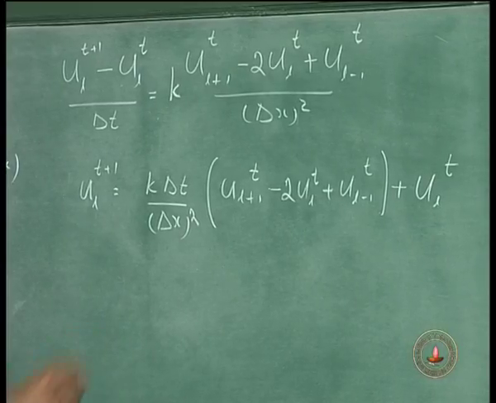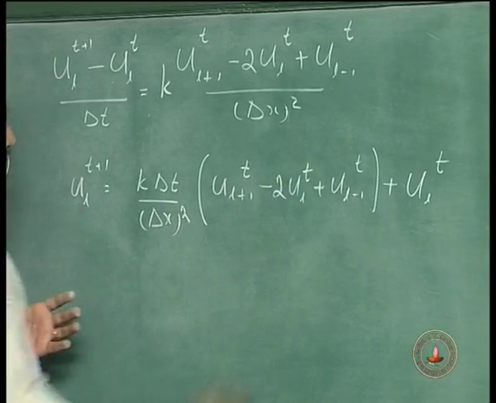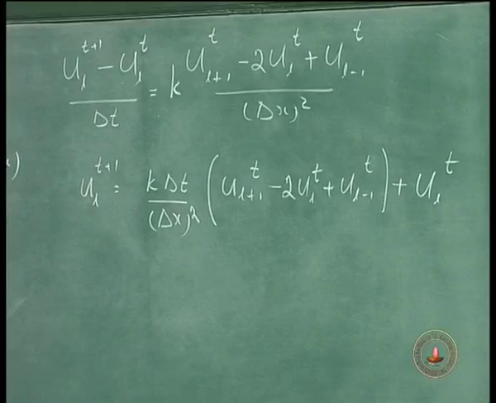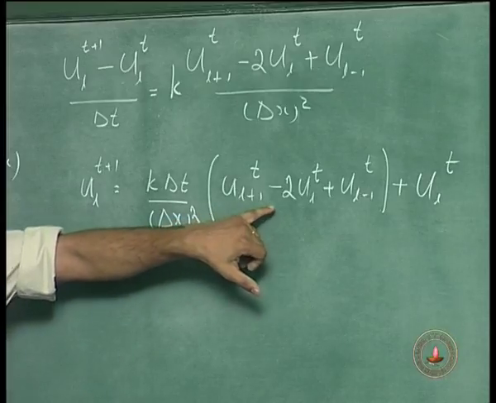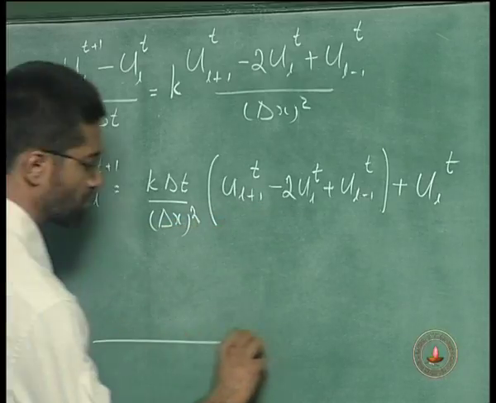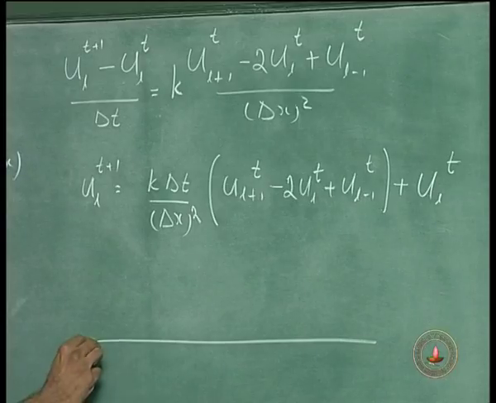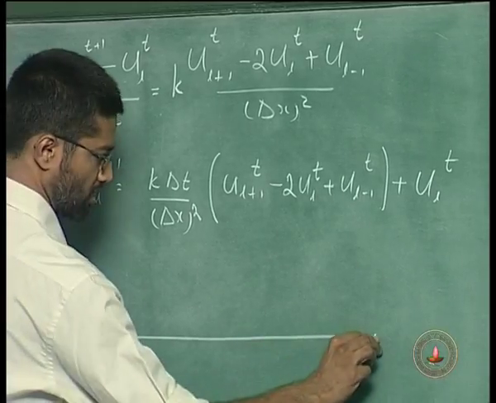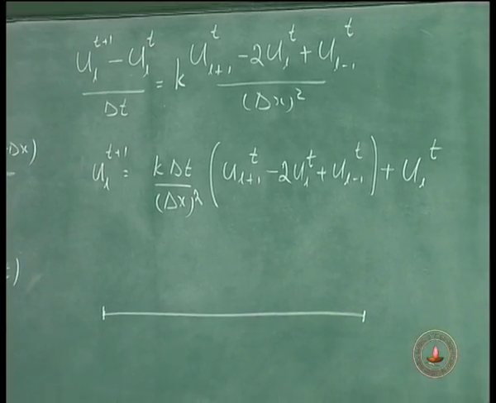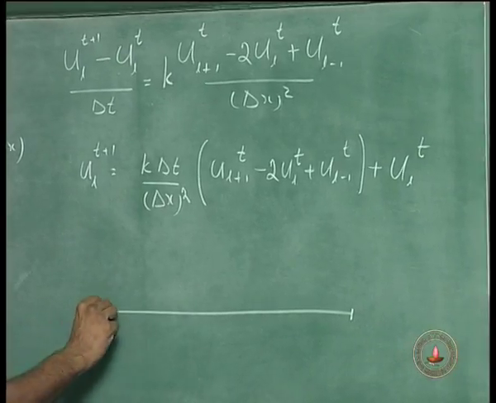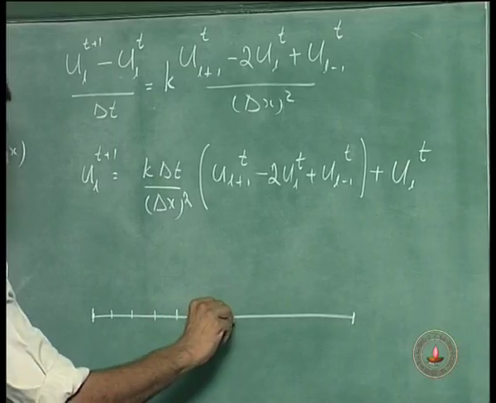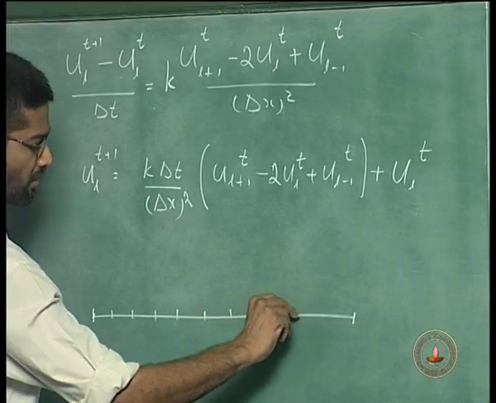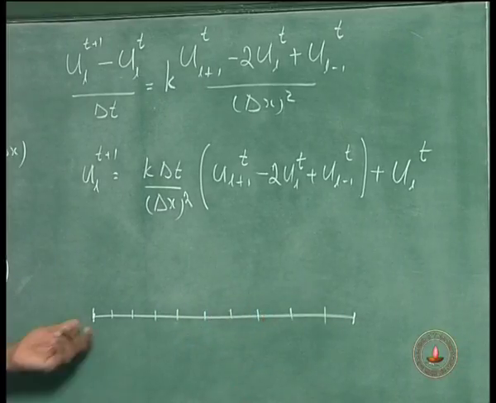This is easy to solve because at a given time, for example t equal to 0, or at any starting time, we have been given the temperature at all the points. So we have this long thin rod, and we have been given the conditions at the boundary, and we discretize this into equal intervals in space, with interval delta x.